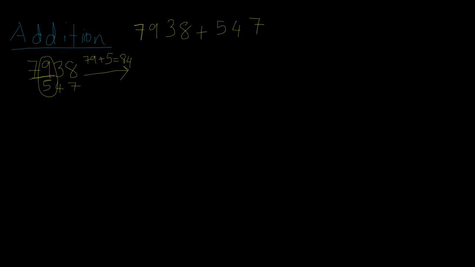We are going to replace 79 with 84 in the next stage. So we would have this: the initial configuration on the dashboard, and this would be the next stage.